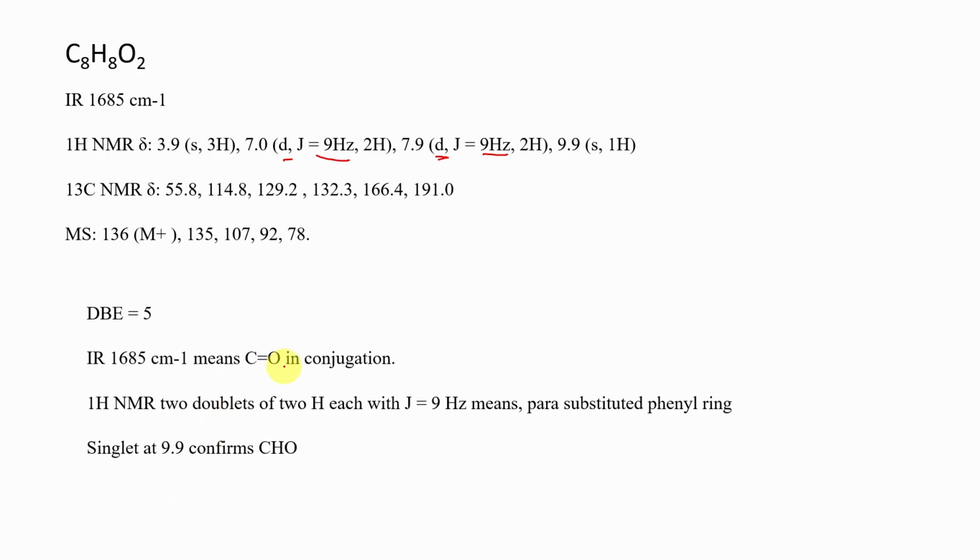This CO group is of this aldehyde group. The singlet for 3 hydrogen at 3.9 shows the presence of an OCH3 group, that is a methoxy group. The CH3 group contains 3 hydrogen atoms, but it gives only a singlet at 3.9.